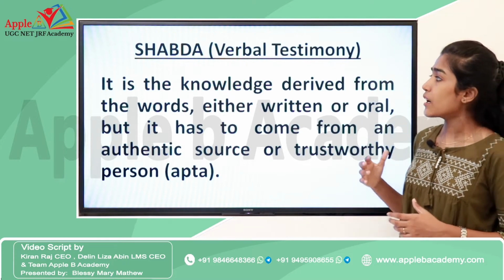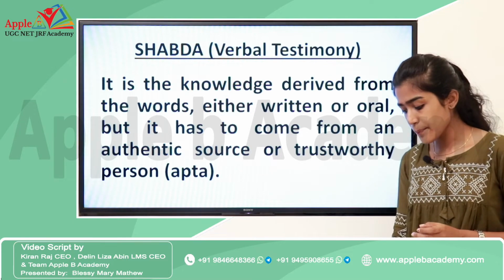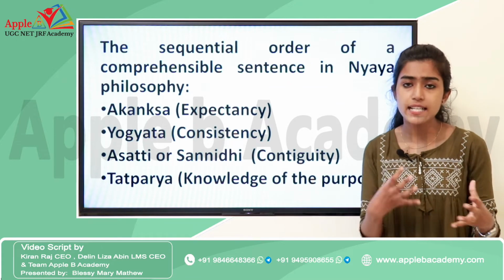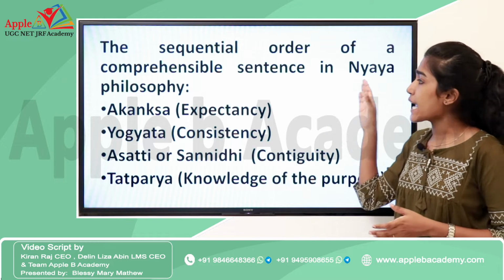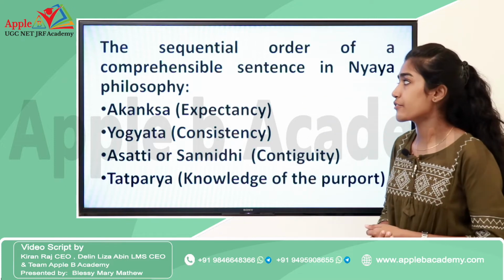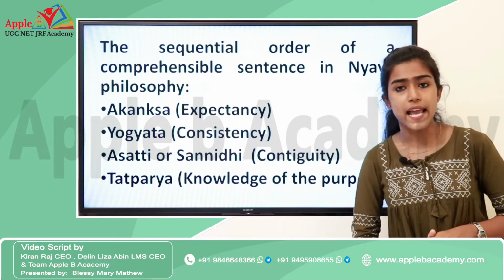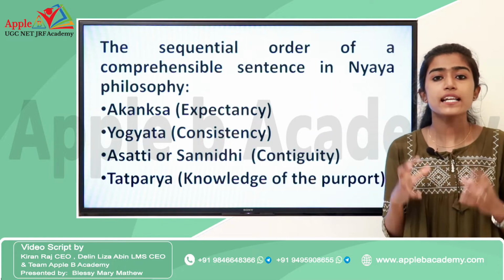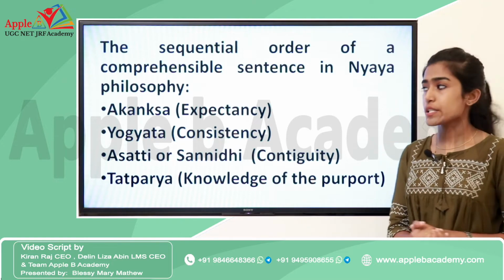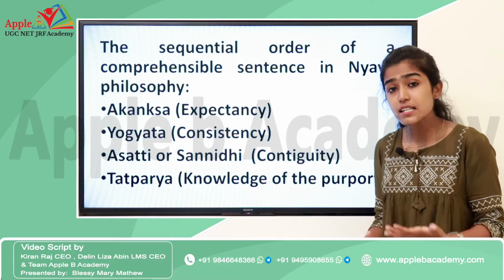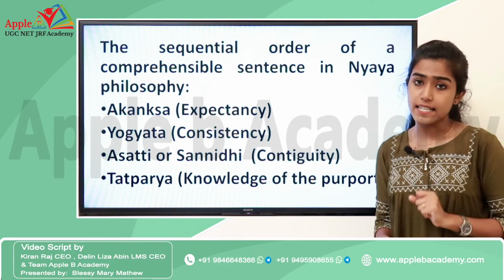When we consider Shabda or verbal testimony, one of the most important ideas associated with it is given here. Under Nyaya philosophy, we have a sequential order of a comprehensible sentence. What are the elements, or the factors, associated with a comprehensible or meaningful sentence?